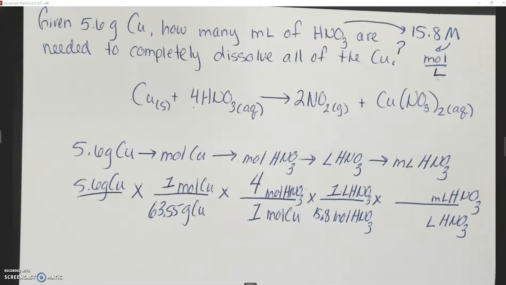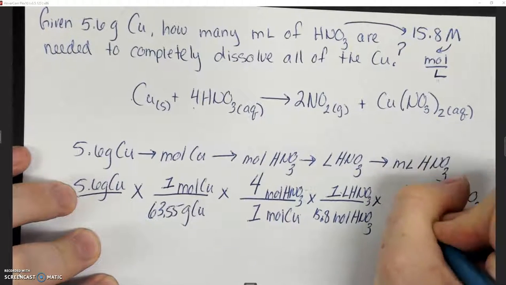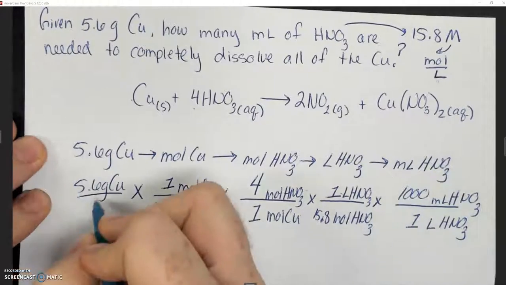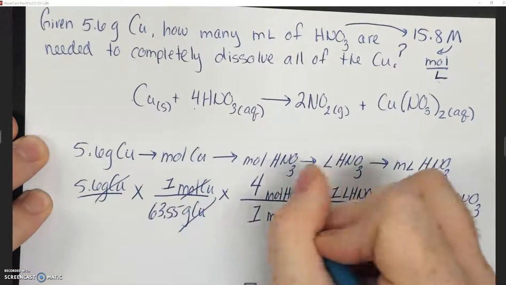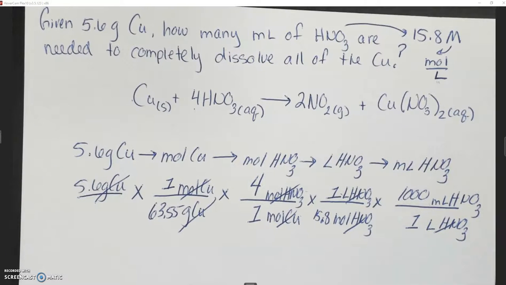Now that you're at this point, it's a very simple conversion from liters to milliliters. You should know that there are 1,000 milliliters to every 1 liter. Show my cross-canceling. And now you just plug everything into your calculator. I'm going to do that now.